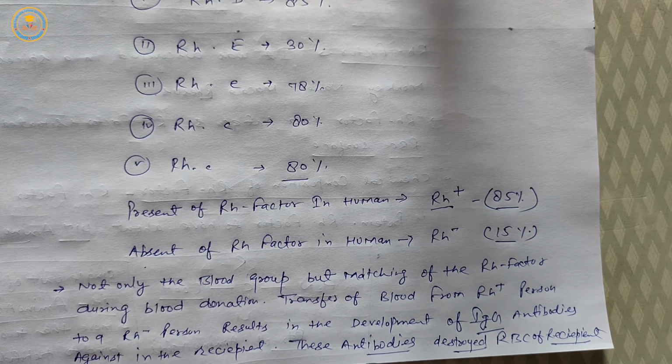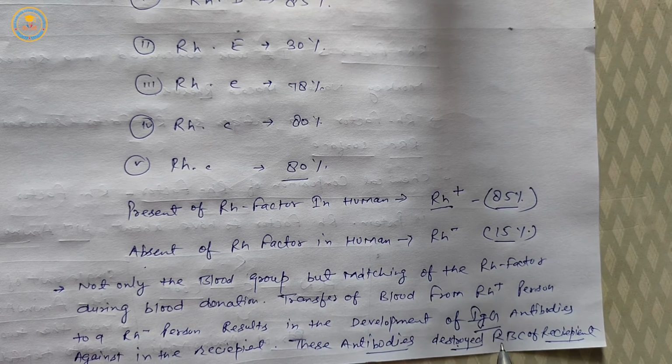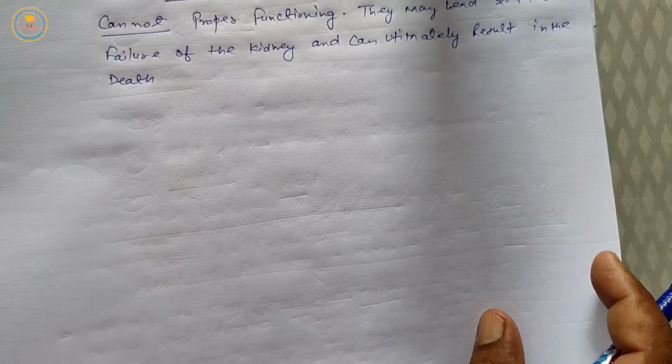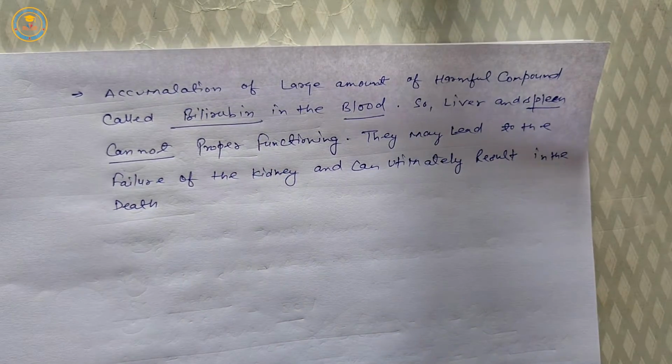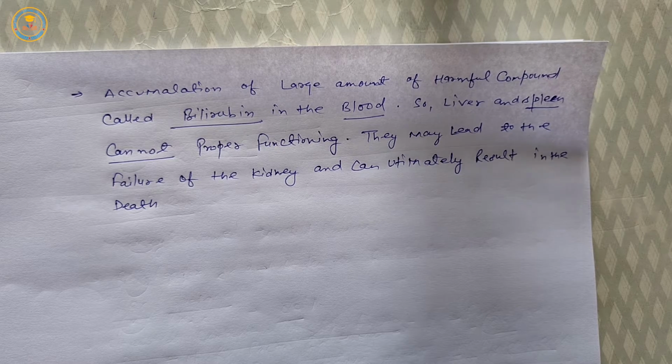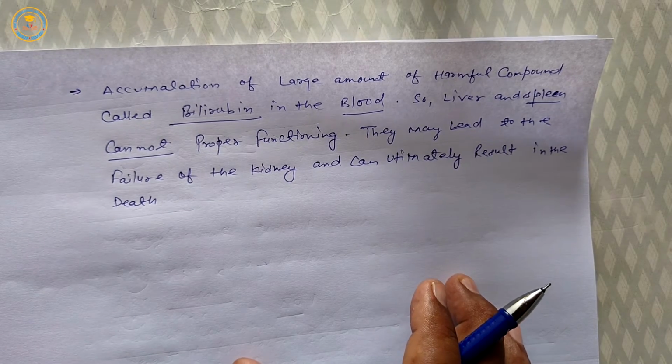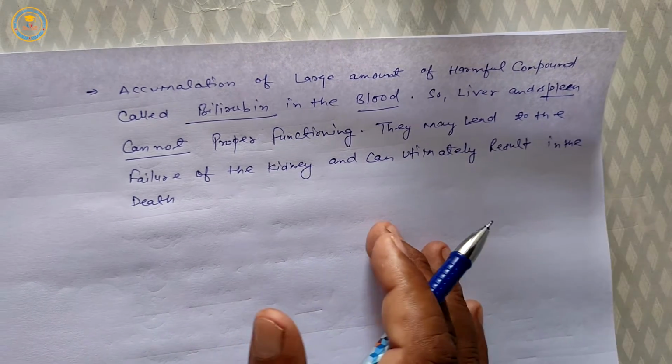These antibodies destroy the recipient's RBC, and a specific pigment increases or deposits in large amounts in the recipient's blood. So liver and spleen cannot function properly. Finally, kidney failure occurs and the recipient dies.